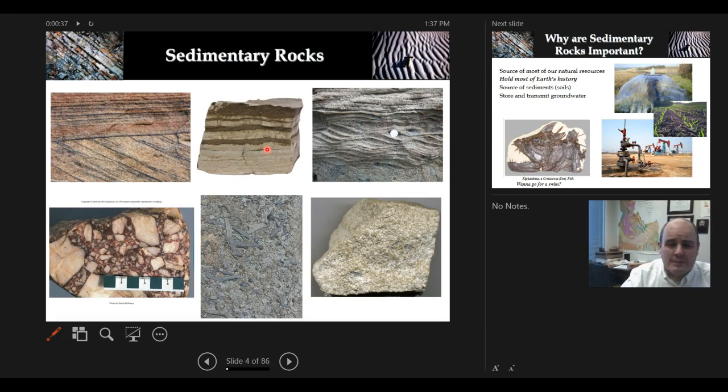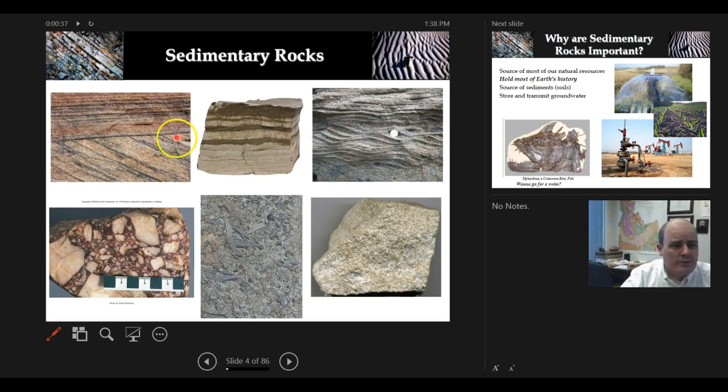That sediment would move downstream in a river and wouldn't deposit, but if it slowed down so that sediment could finally fall out of solution, then you would have deposits like this one. Okay, we'd call that either a claystone or a shale, or even maybe a siltstone.